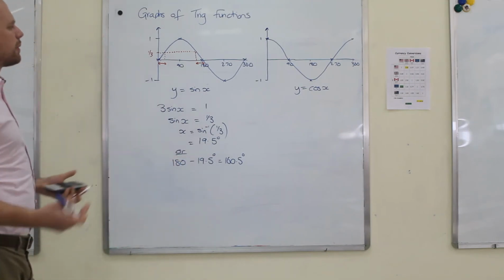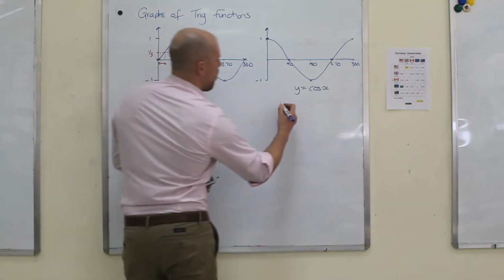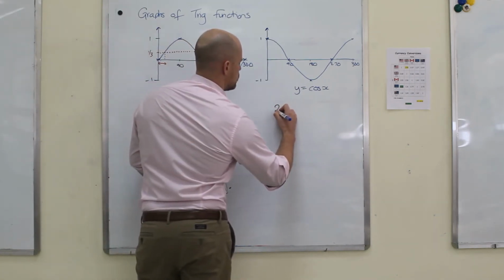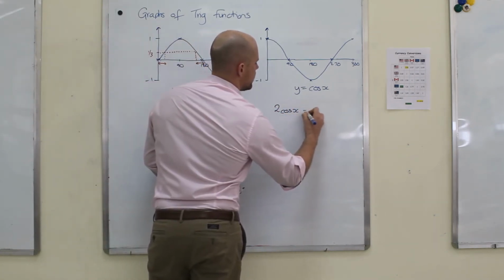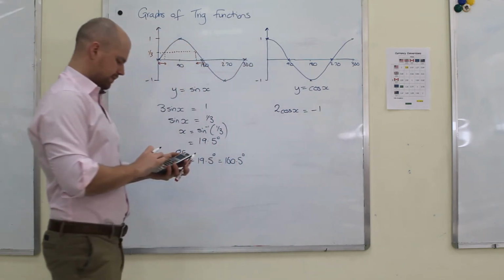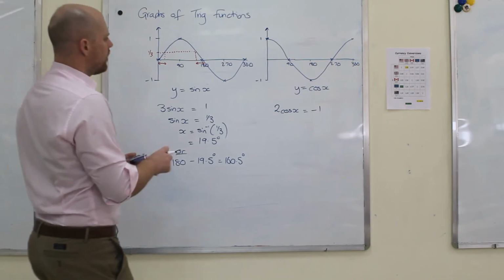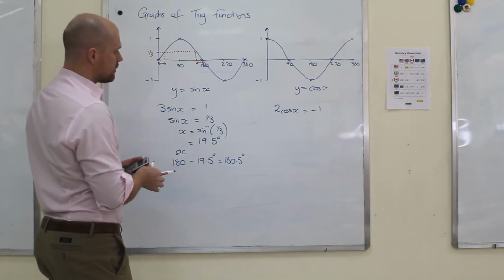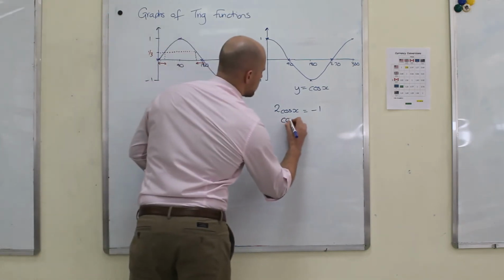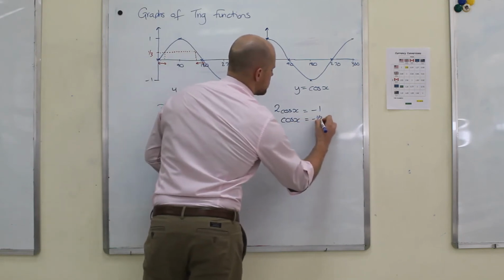Let's do the same, but now with cos x. Let's say that 2 cos x equals minus 1. First off we need to rearrange it. So cos x is minus 1/2.